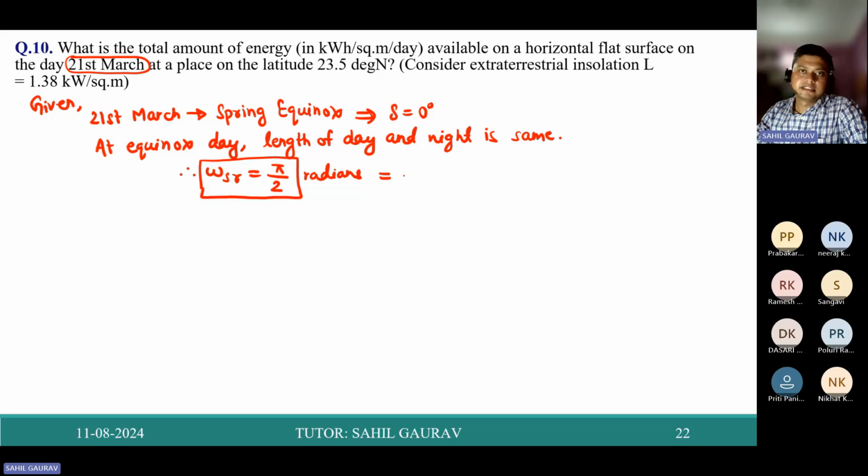If you want to convert into hours, you have to multiply with 12 upon pi, then it will give you 6 hours.